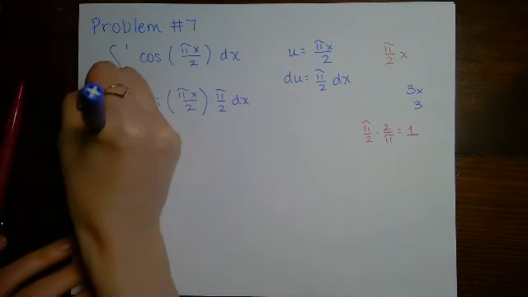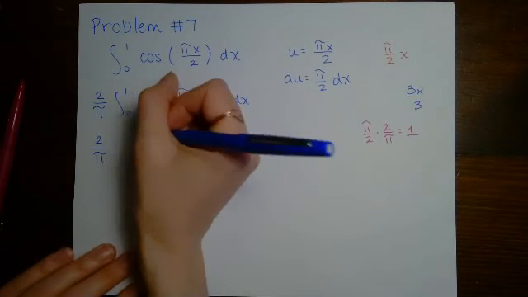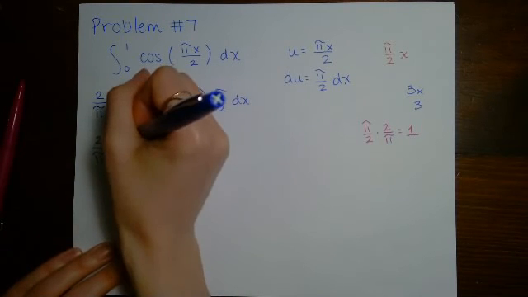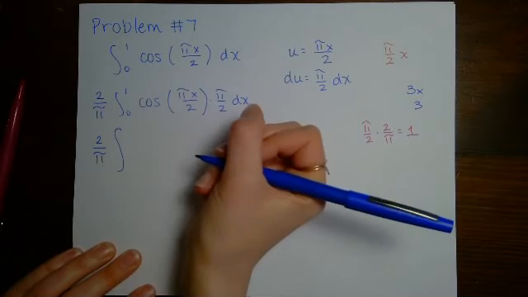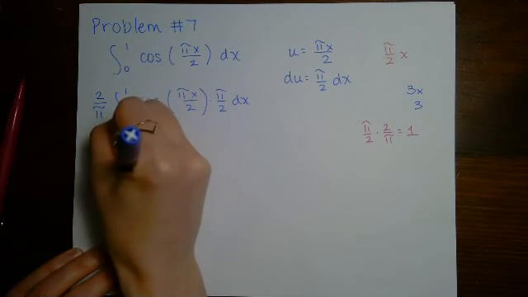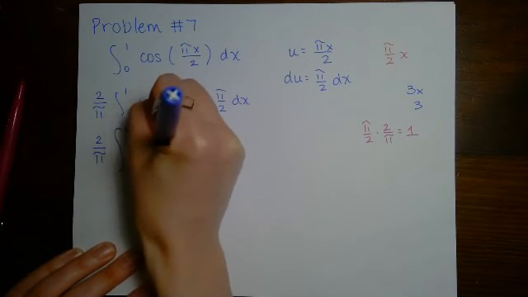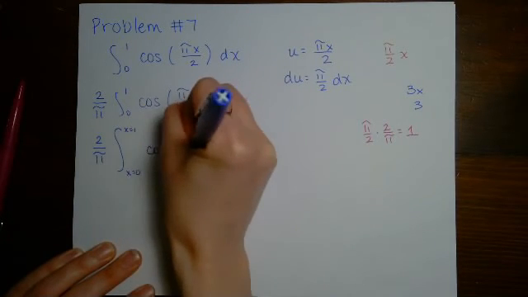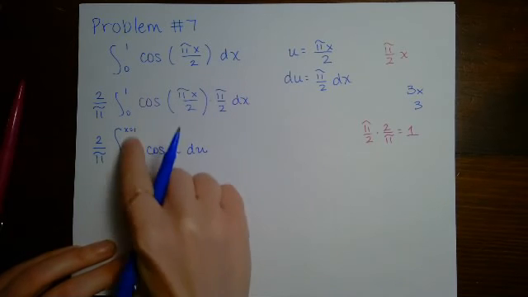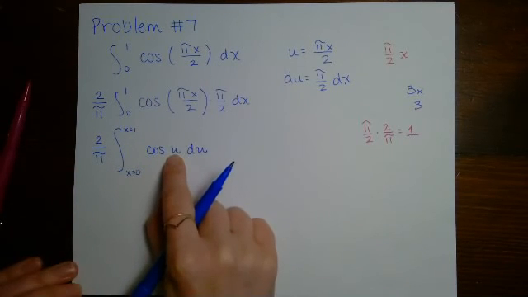So now we can use our u substitution. Let's say x equals 0 to x equals 1 for now, because we're going to have cosine u du, but I know that these two things are not what I'm going to plug in for u.